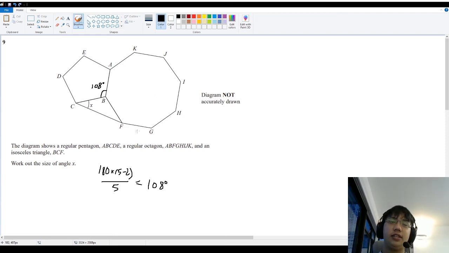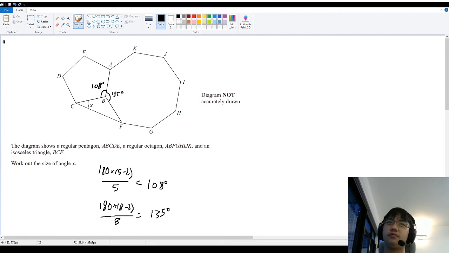And then an interior angle of the octagon would be 180 times 8 minus 2 over 8, which equals 135 degrees. So this angle here is 135 degrees.